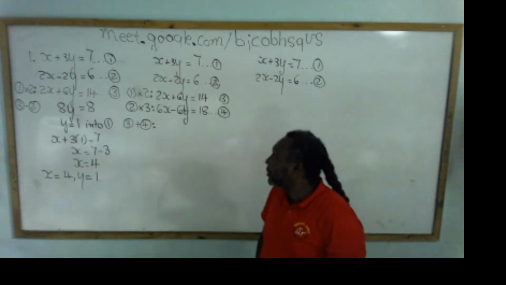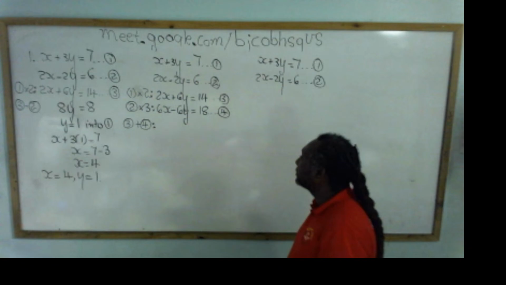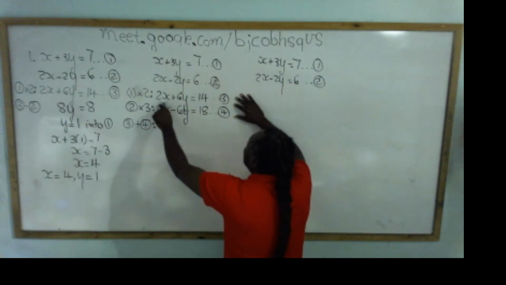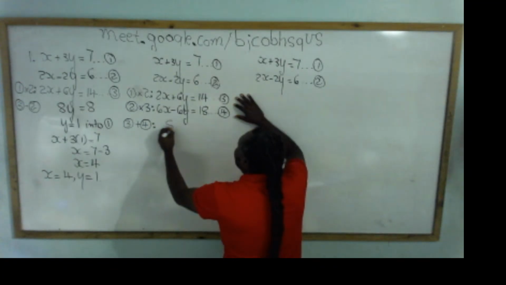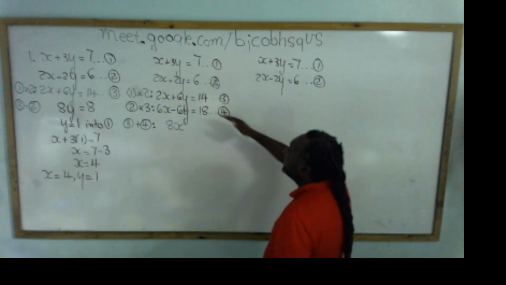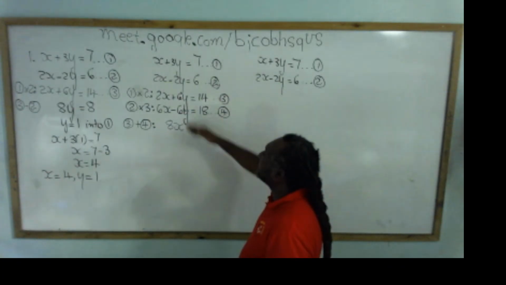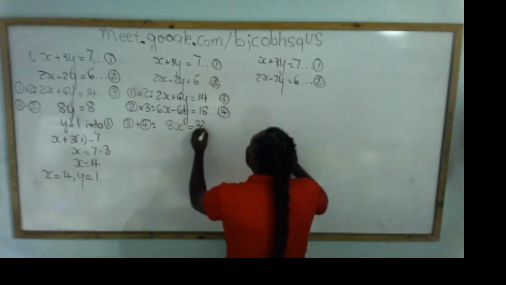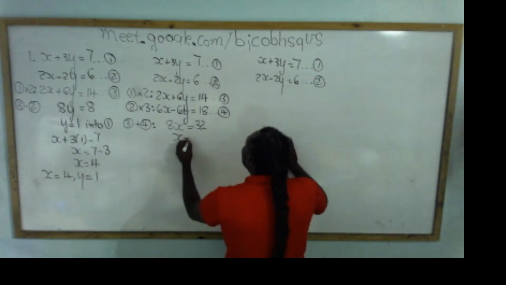So let's add. So when we add, what do we get? 2x plus 6x, and that is 8x. The y's are gone, being additive inverses. And what do we get? 14 plus 18, that is 32. And of course, x is equal to 1 again.